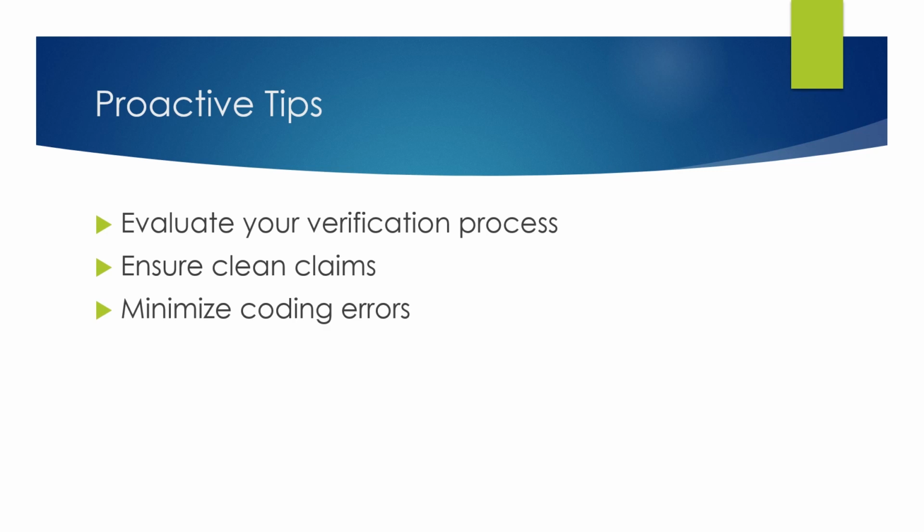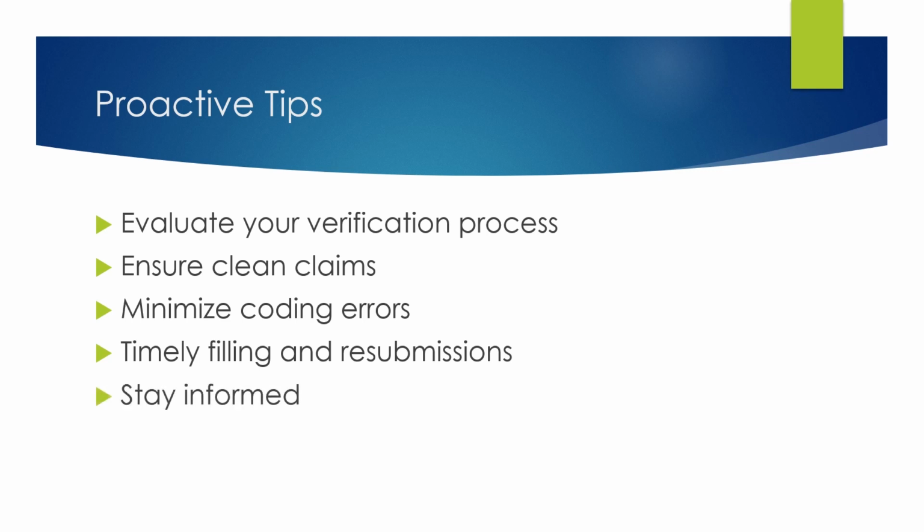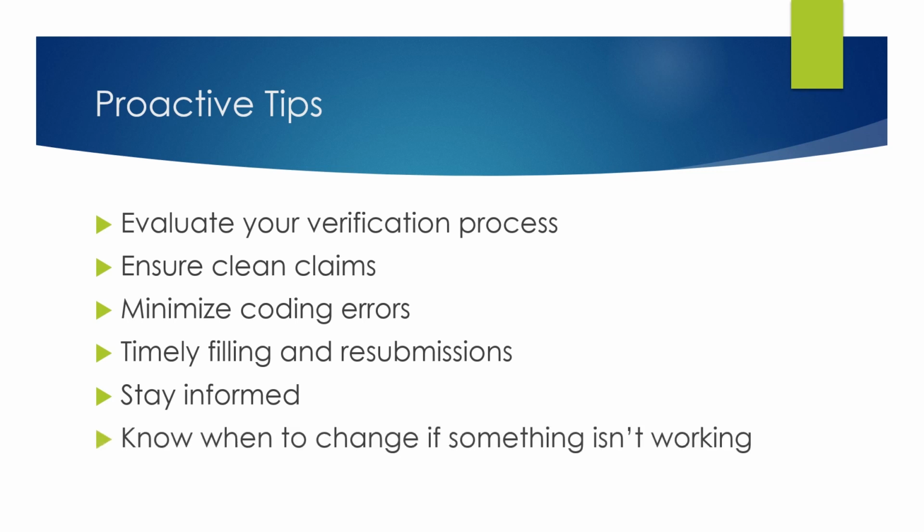Also want to make sure that you're minimizing any ICD-10 coding errors, making sure that you're being specific with your ICD-10 codes, really making sure that your billing team is staying on top of any timely filing and any resubmissions that are necessary. So as a practice owner or physician, you should stay informed in the office process, track the data so you know when something needs to change.